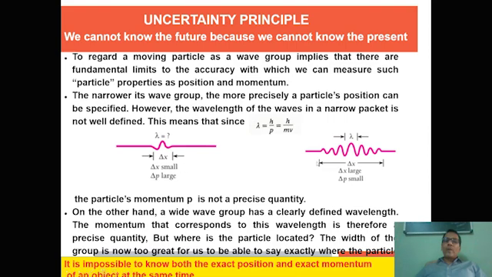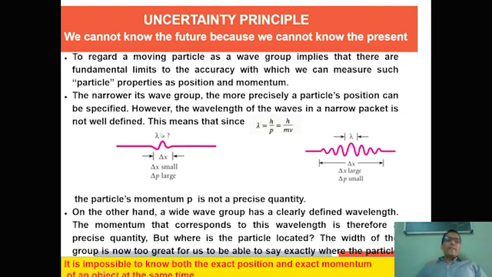We have two waves here. This is a narrower wave having a small delta x, and this peak is very sharp. And as far as the concept of the probability density of the wave function is concerned, the physical significance of that probability density psi square tells us that there is the maximum probability of existence of that particle somewhere here.